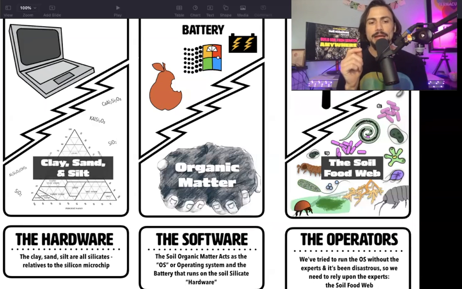And I realized that the silicates are acting like the chipboards. They are the actual hardware. The minerals are the hardware, which makes sense. But they literally are. They're silicates. They can transmit and they can hold information. And then the software is the organic matter. And the organic matter is also the battery, like we talked about last week, right?